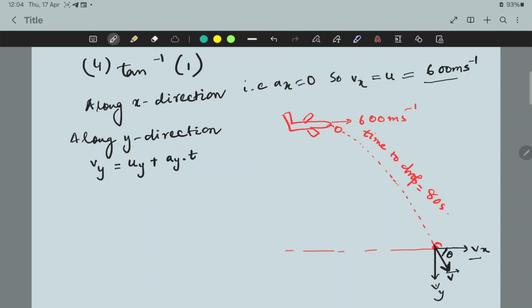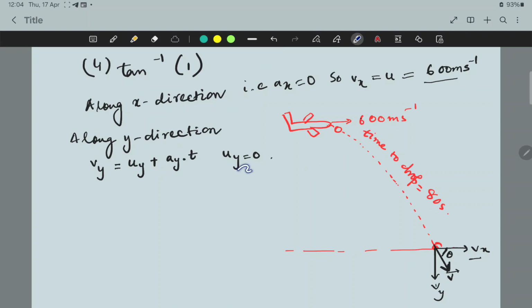As we all know that there was no initial velocity along the y direction, so we can say Uy is equal to 0. Initially the plane was moving in the x direction. There was no motion in y direction.